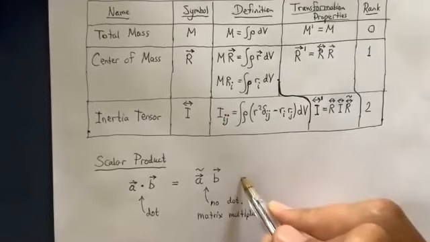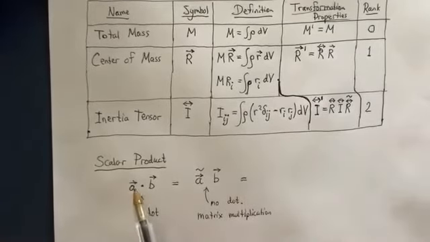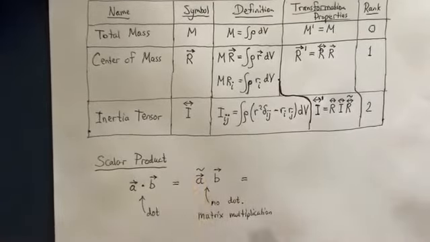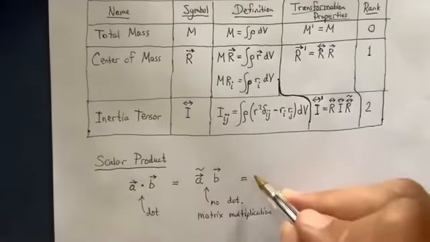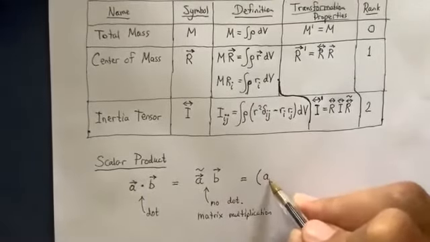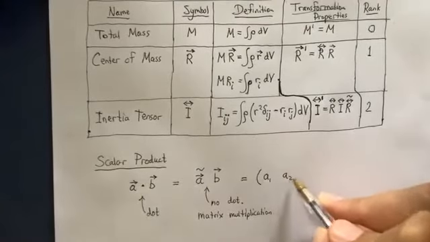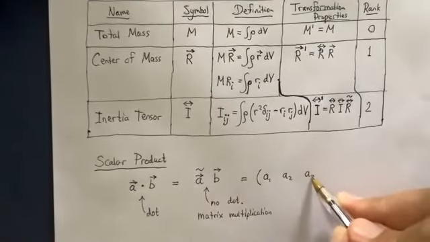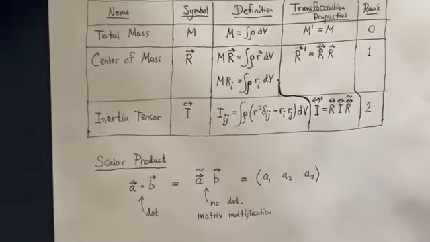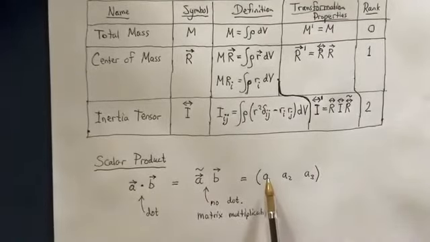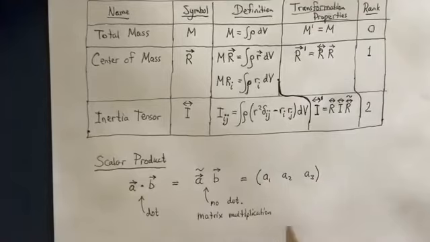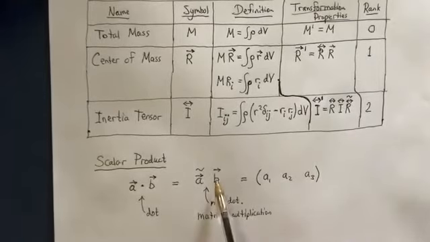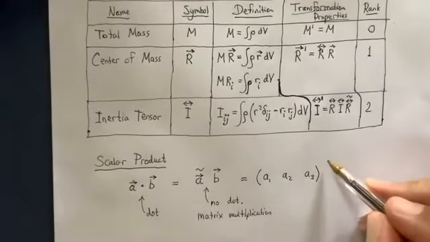Okay. Remember, the vectors are column vectors. Well, if you transpose a column vector, such as that thing right there, here's the transpose. A1 space A2 space A3. We're not putting commas there. That would clash with our other notation. That is a 1 by 3 matrix. Remember, when you talk about a rectangular matrix, the first number you say is the number of rows. The second number is the number of columns. This is a 1 by 3 matrix. Okay, and that we agreed is a column vector. That's a 3 by 1.